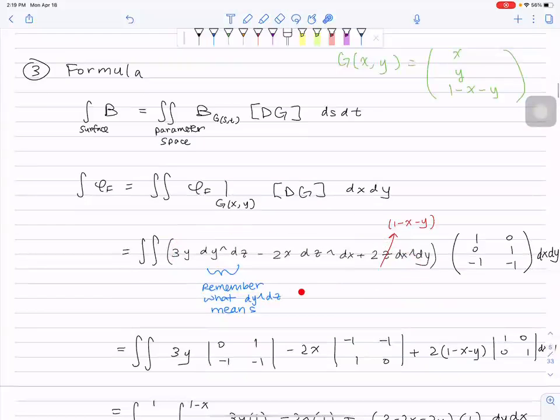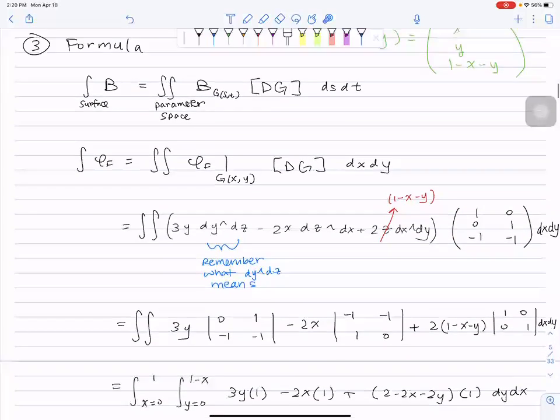The y is still y according to our parameterization, and the x is still x. But in our 2 form we had a 2z here. When we plug in our parameterization, z was 1 minus x minus y, so I substitute z for that. Then I'm going to multiply by our Jacobian matrix, which I also wrote here.